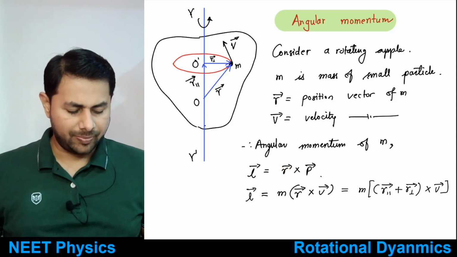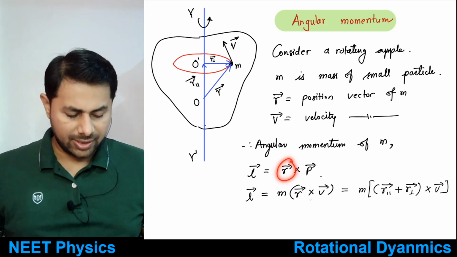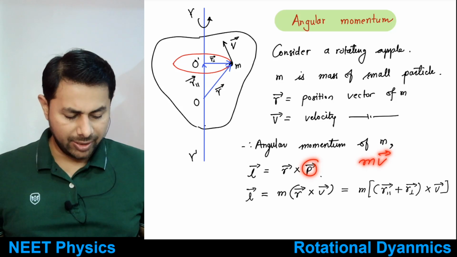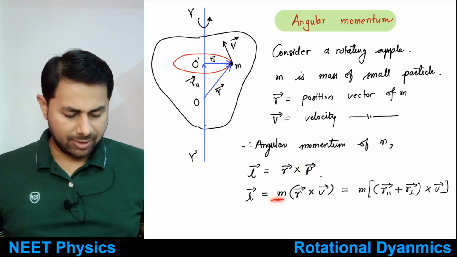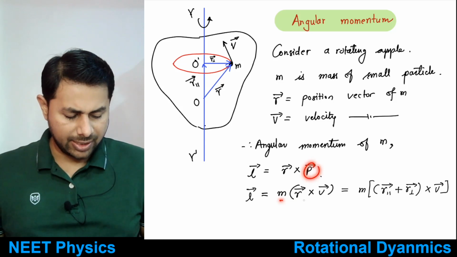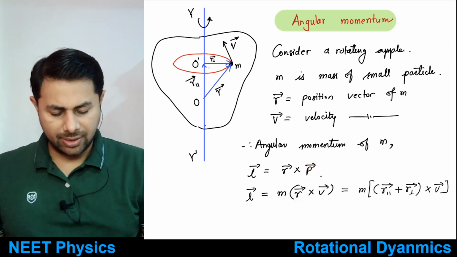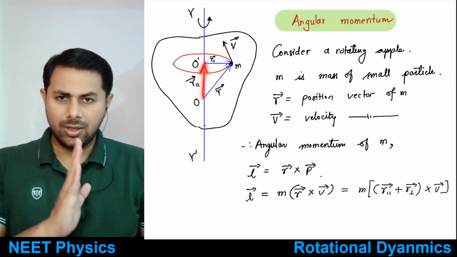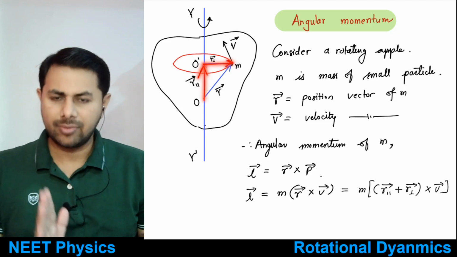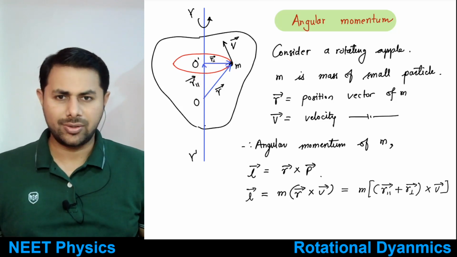So then, p bar is equal to what? M times v bar. So we can write the angular momentum as m into r bar cross v bar, right? Because p bar is m times v bar. And then r bar can be written as sum of one vector along the axis of rotation and one vector perpendicular to axis of rotation, right?